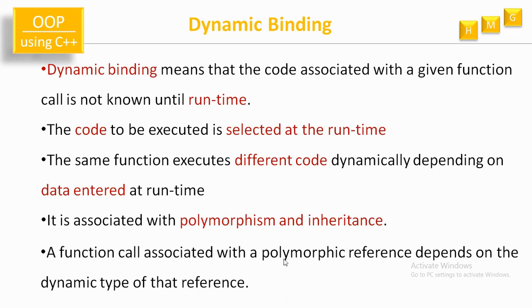The function call is associated with a polymorphic reference. Polymorphic means a dynamic reference. Which function, which code to execute, depends on the dynamic type of that reference, meaning what type of data is entered. So polymorphism is also achieved here through dynamic binding. So this is the concept of dynamic binding.